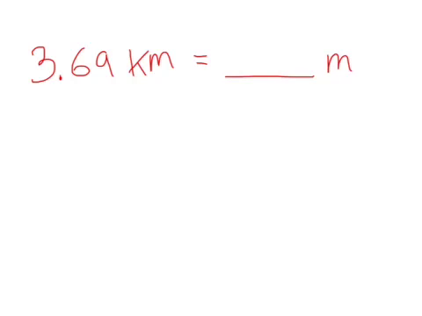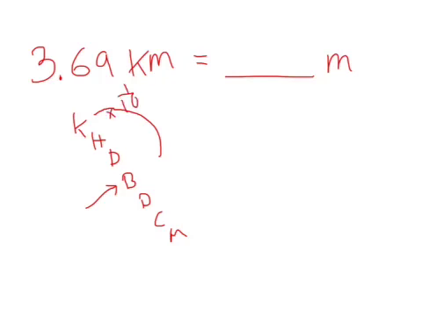We're going from kilometers, remember, King Henry died by drinking chocolate milk. So we're going from kilo to the basic unit, which is the meters. We're going to get smaller, because we're going down. It's 1/10 times 1/10 times 1/10. Because the unit is getting smaller, the answer is going to be a higher number.